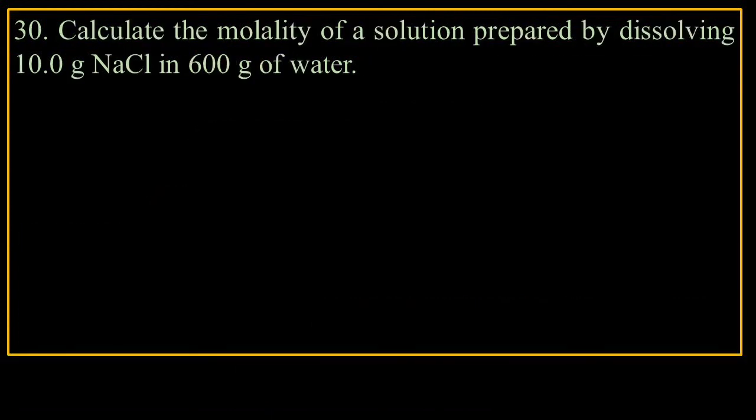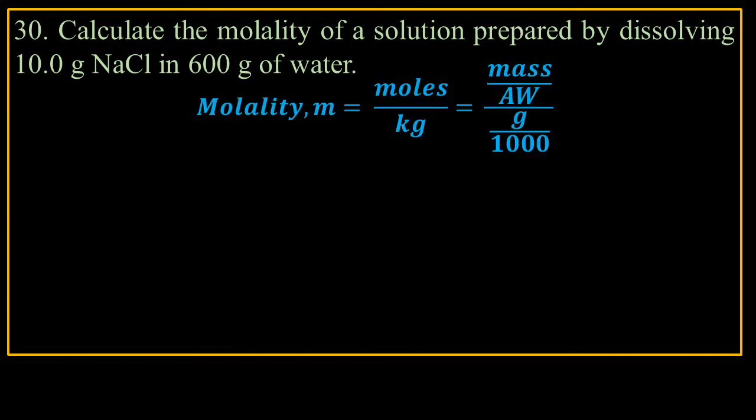Calculate the molality of a solution prepared by dissolving 10 grams of sodium chloride in 600 grams of water. So the equation that you're going to set up is the expanded version, which has the mass over atomic weight and then the grams over 1,000.